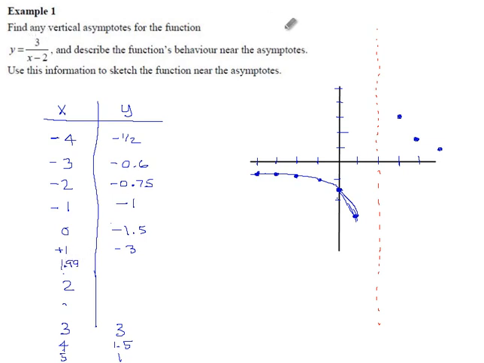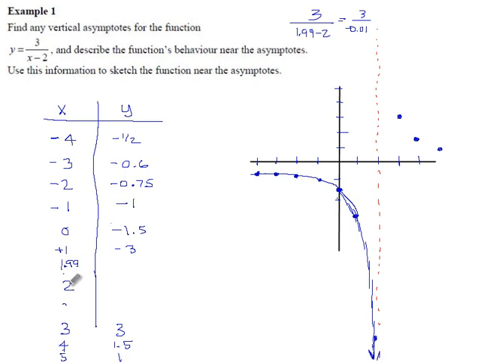We get 3 over 1.99 minus 2, which is 3 over negative 0.01, which is minus 300. So when we're over here, the y value is minus 300. It's way down there. And if you go to 1.9999 or something like that, you get even bigger negative numbers. So this thing just falls off a cliff as you get extremely close to 2. It does that.